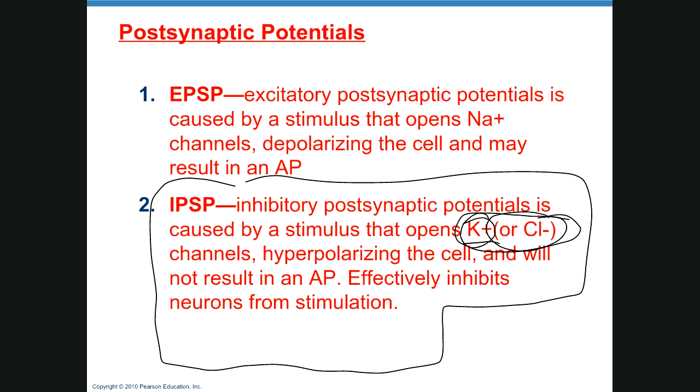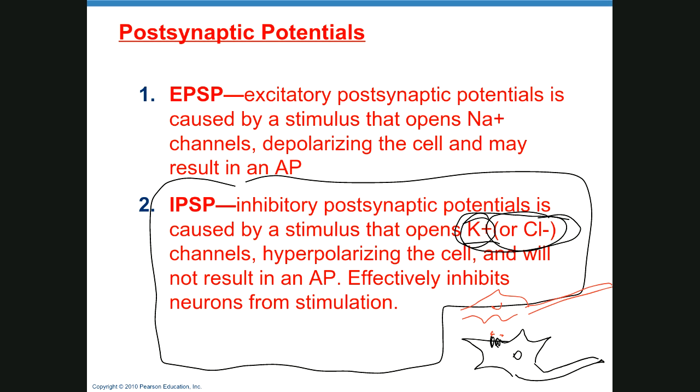If the receptor for the neurotransmitter is a potassium channel, so this is the cell, and here's the receptor, and here comes the neurotransmitter secreted by the presynaptic neuron.